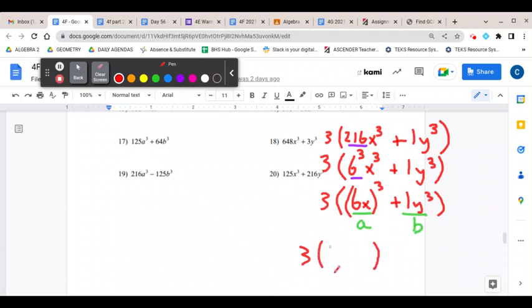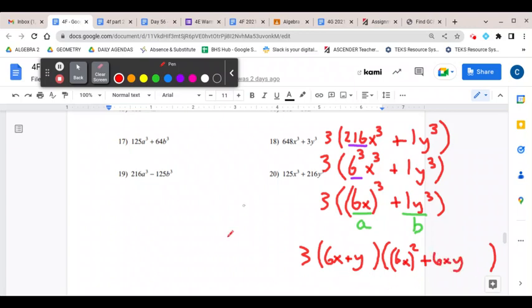We have A plus B, so 6x plus 1y, or 6x plus y. And then we have our A term, 6x squared plus 6x times y, which is 6xy.